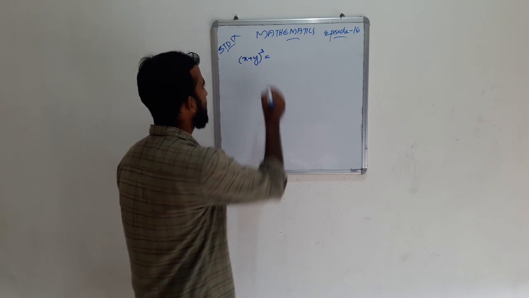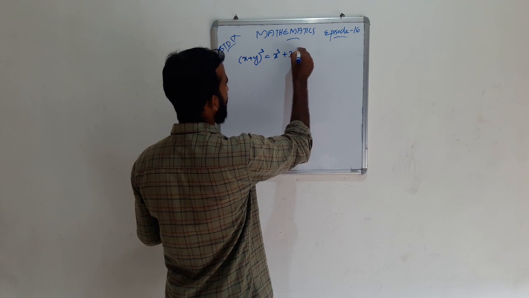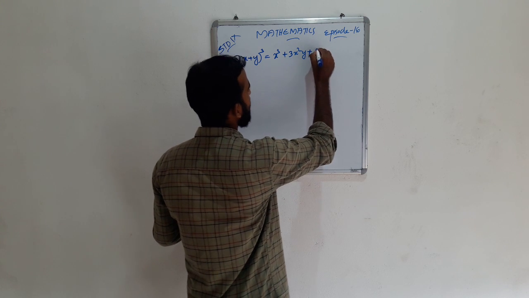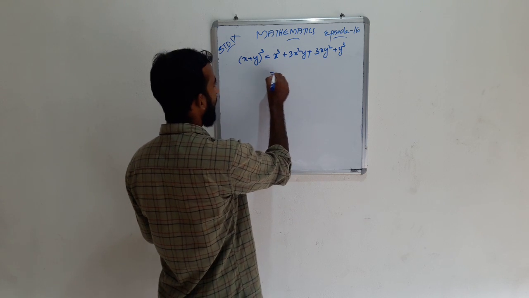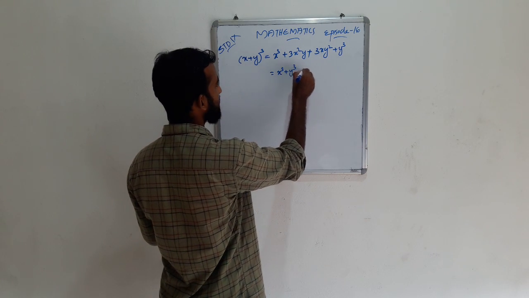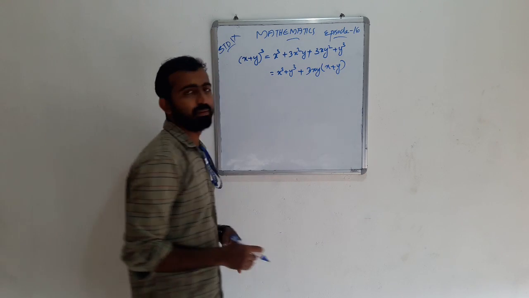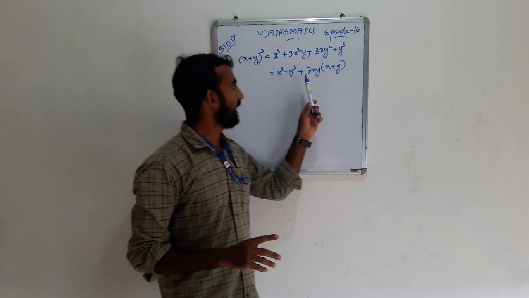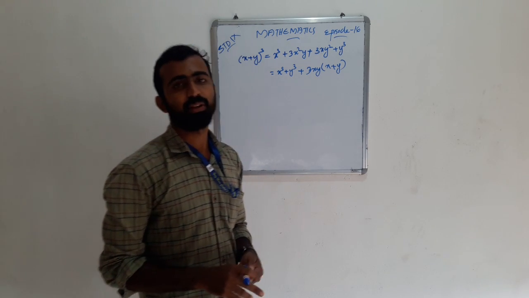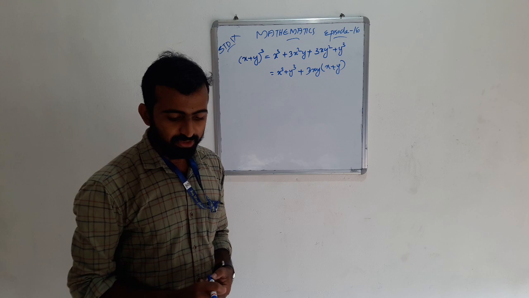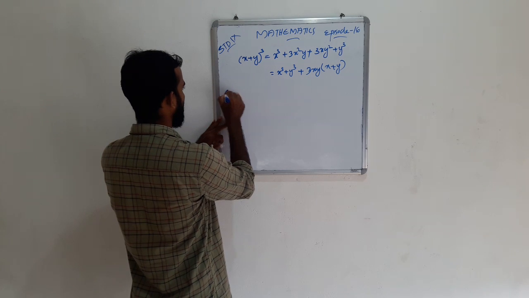Our identity is x cube plus 3x square y plus 3xy square plus y cube, or x cube plus y cube plus 3xy into x plus y. These are equal. That is 3xy into x, 3x square y, and 3xy into y, 3xy square. And here the first question is 2x plus 1 the whole cube.